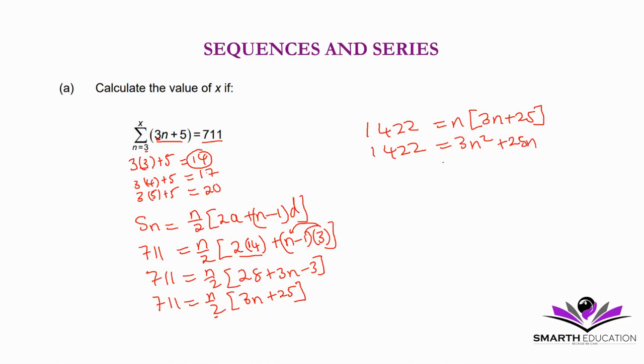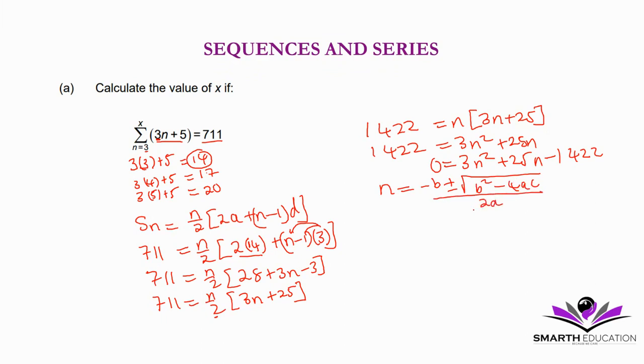That we get our standard form. 0 is equal to 3n squared plus 25n minus 1422. That may be difficult to factorize this, so we can use our quadratic formula. N is equal to negative b plus or minus the square root of b squared minus 4ac over 2a.